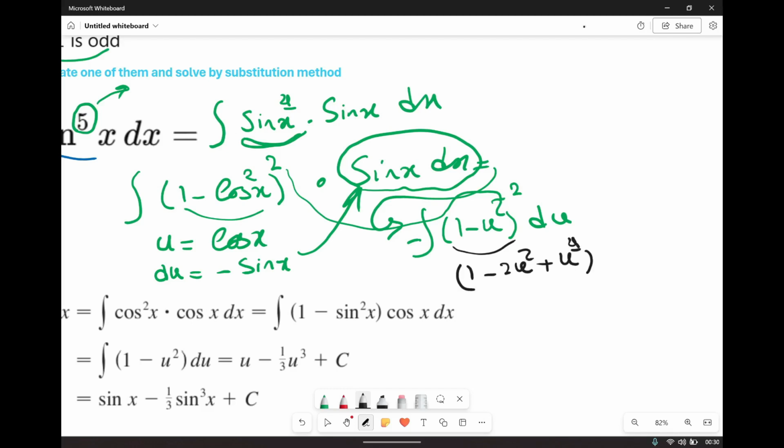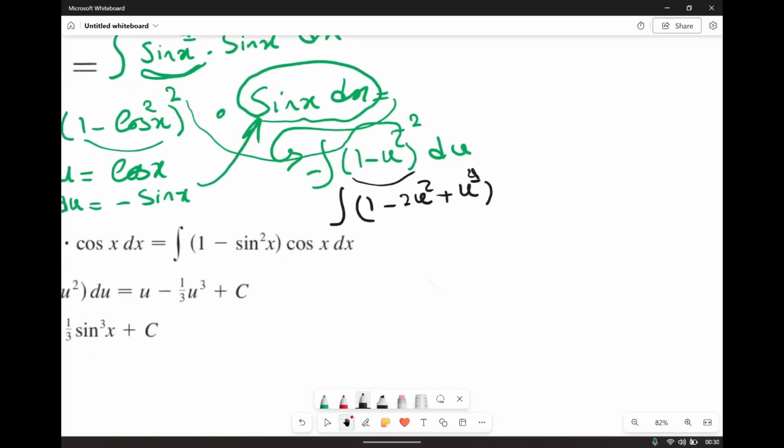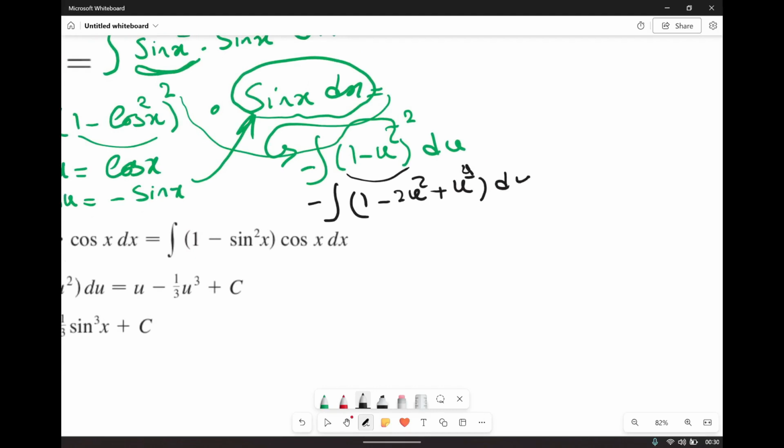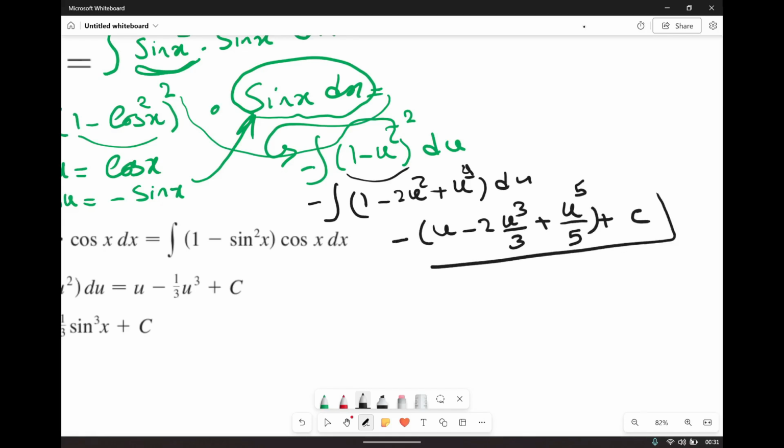Of course, this integral right now is linear and it's so easy. It is u minus 2u power 3 divided by 3 plus u power 5 divided by 5, of course with the minus outside, plus c. After this operation, you must just put u as cosine x and our integration procedure is finished.